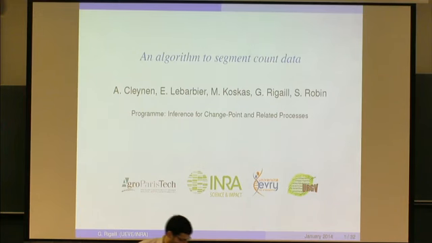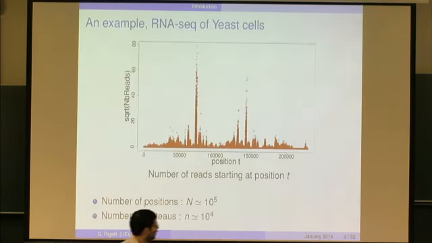Okay, so the data we are looking at are next generation sequencing data, and here is a small example of that. Here we are looking at the genome of the yeast. What I represented on the x-axis is the position on this genome. It's a rather short genome where you only have 200,000 positions. Here I represented the measurement that we get, which are count values, and I just square rooted them so that we can see something.